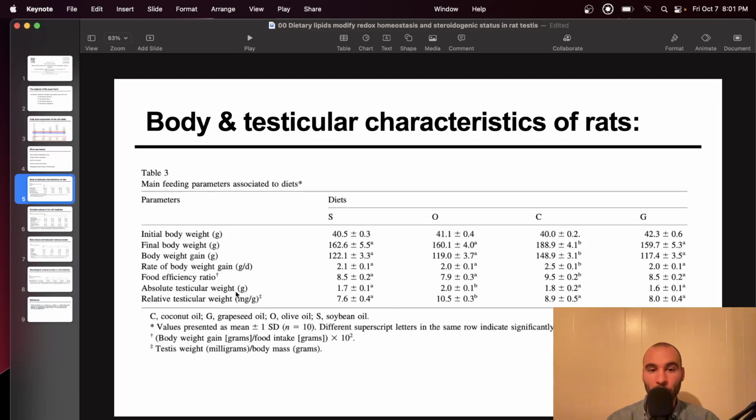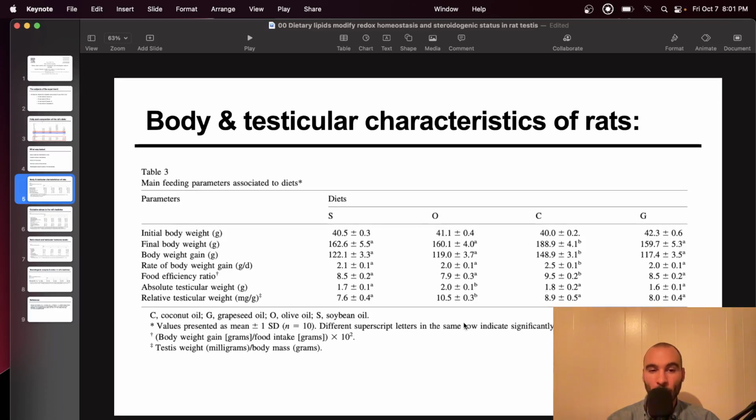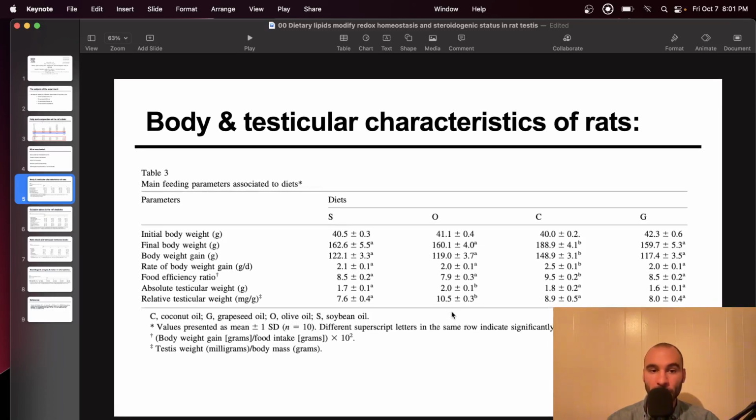And now what they're looking at is the absolute weight of the testicles. So in terms of absolute weight of testicles, the olive oil group and the coconut oil group had the heaviest testicles overall. And they also had the largest relative weight of the testicles, which is the weight of the testicles in milligrams divided by the body mass of the rats.